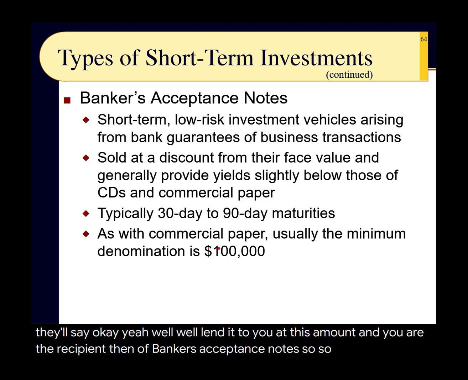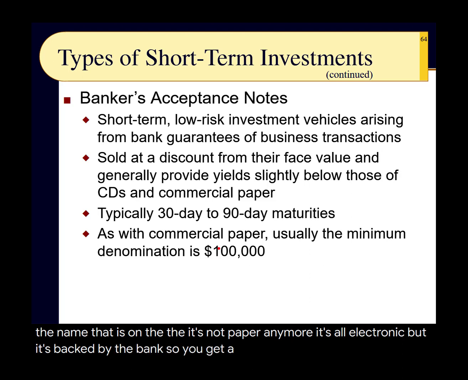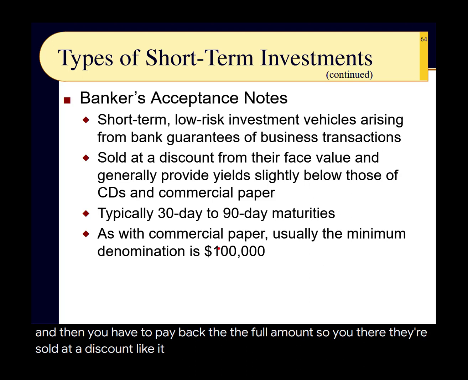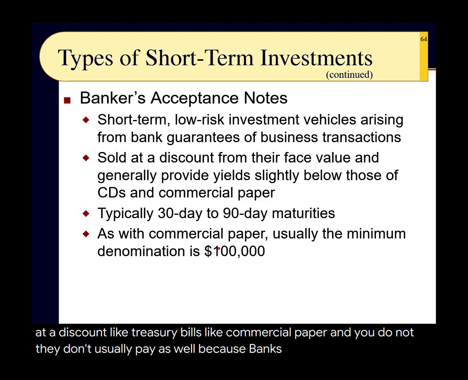So Wells Fargo is the name that is on, well, it's not paper anymore, it's all electronic, but it's backed by the bank. So you get a certain amount of these things, and then you have to pay back the full amount. So they're sold at a discount, like Treasury bills, like commercial paper, and they don't usually pay as well because banks are banks.